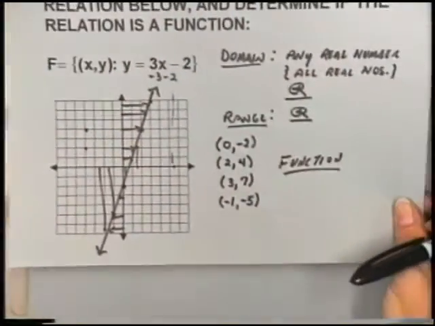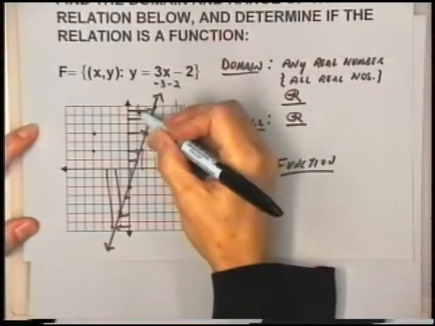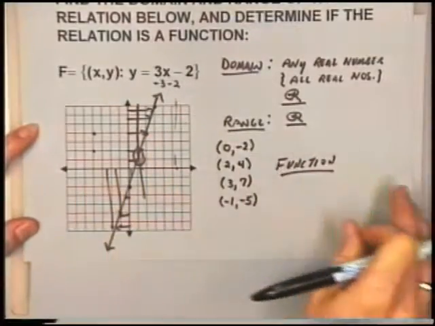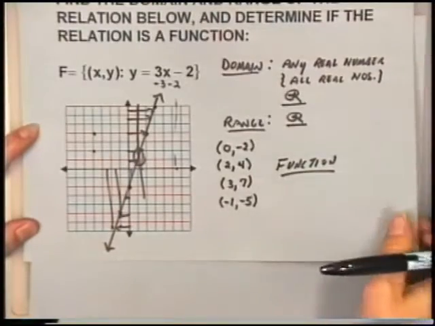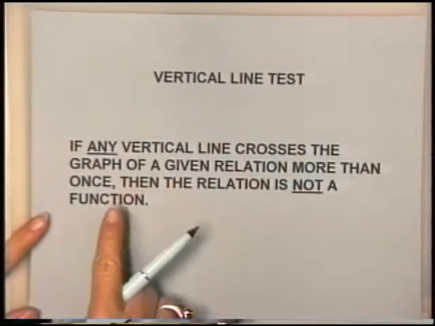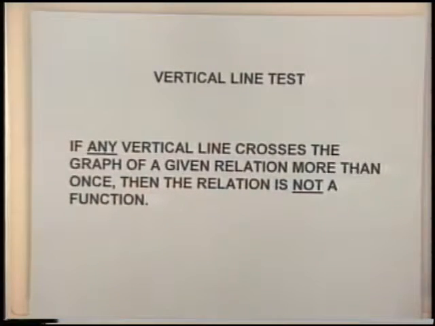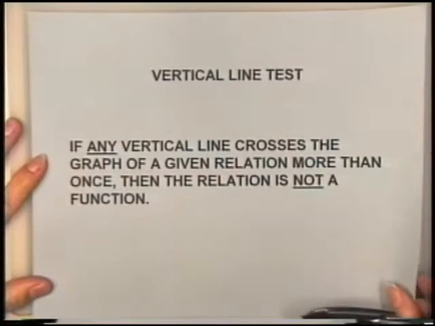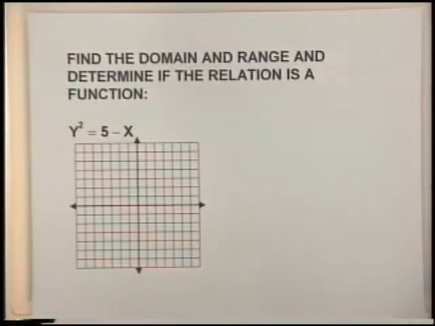Let me go back also to the first example we did here. If you take a vertical line and cross this graph, it's only going to cross it once, anywhere that you place that vertical line. So this indeed is a function. Sometimes it's easier to determine from the graph using this vertical line test whether or not you have a function than it is simply by looking at the equation.